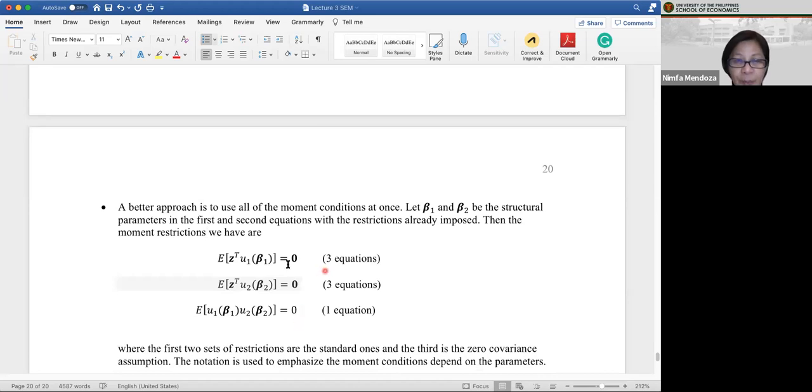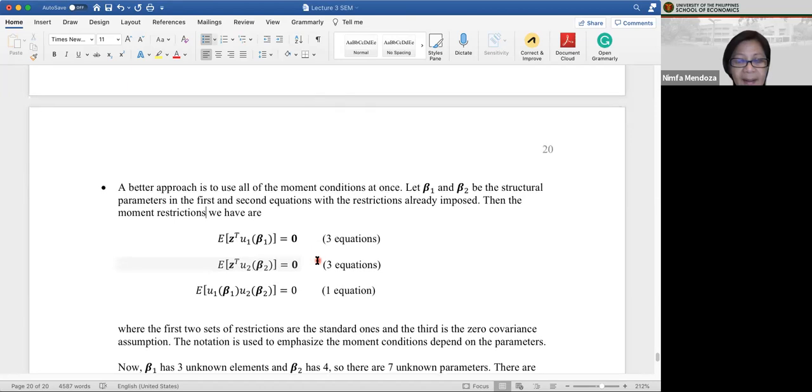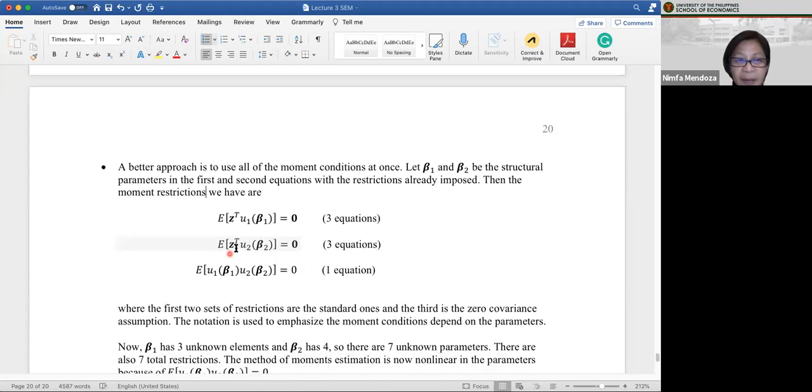So we have three equations here because we have three instruments, and then we have one restriction here, or one equation.